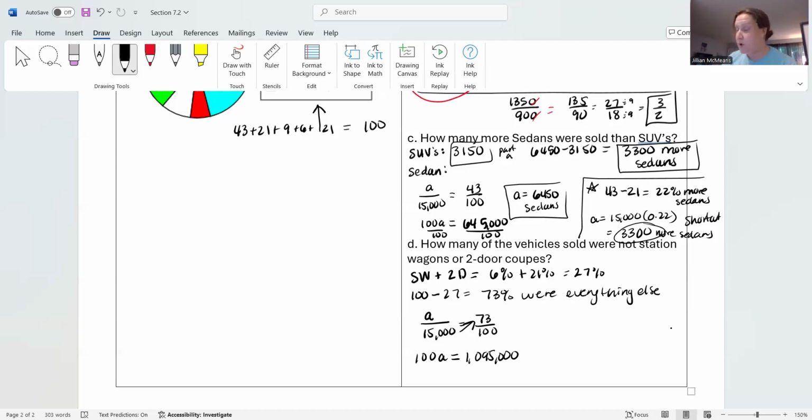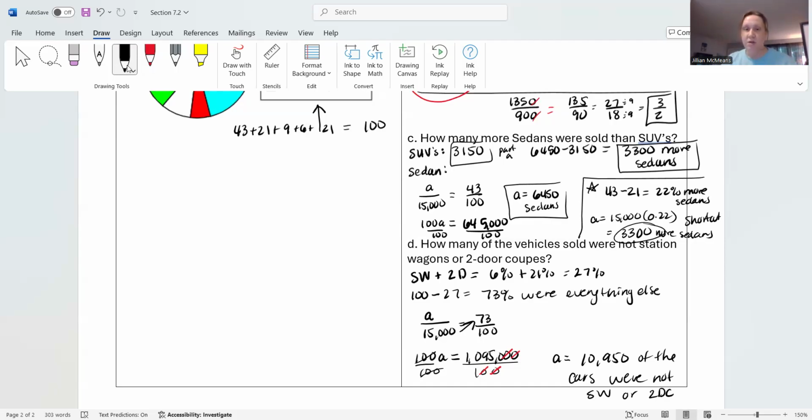And then I divide both sides by 100. 100 divided by itself is just 1, so I get 1 times A is A. And then we can knock off two zeros, one here and here, and then here and here. So we end up getting 10,950. So 10,950 of the cars were not station wagons or two-door coupes.